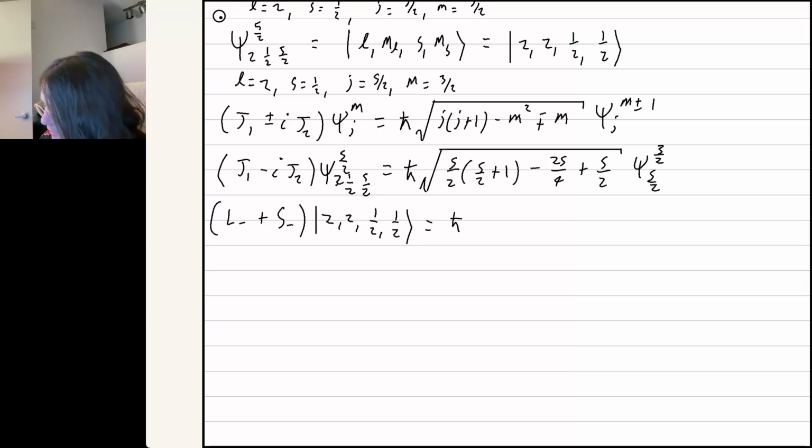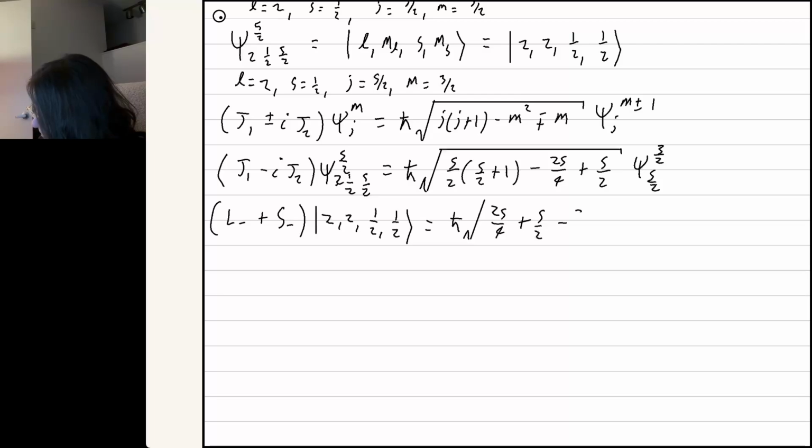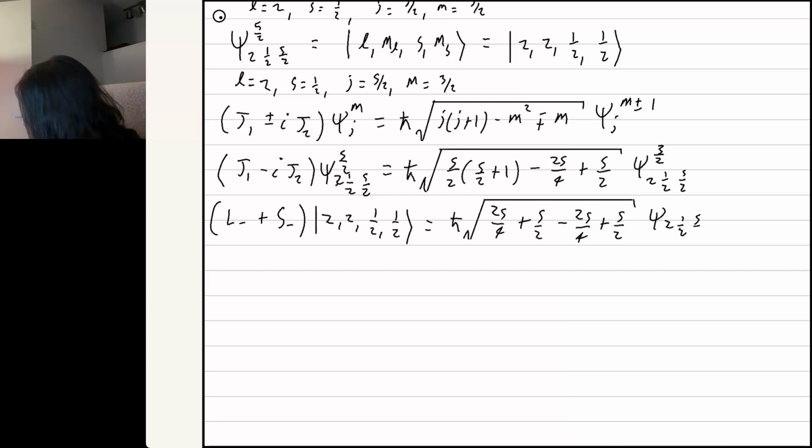And on the right hand side, we'll just go ahead and start simplifying that radicand. We'll have 25 over 4 plus 5 halves minus 25 over 4 plus 5 halves. So those 25 over 4 terms will cancel out. I don't know why I didn't write this quantum state all the way out: 2, 1/2, 5/2, 3/2.